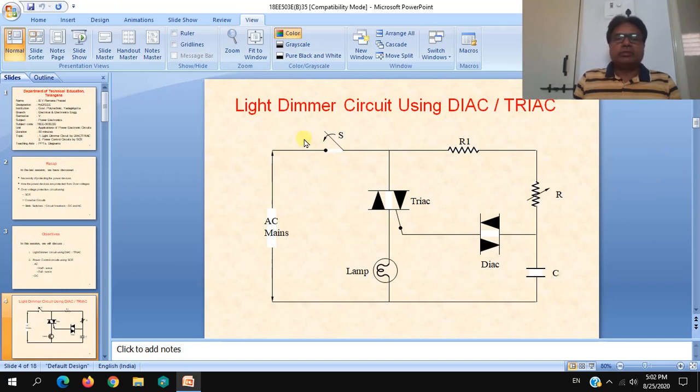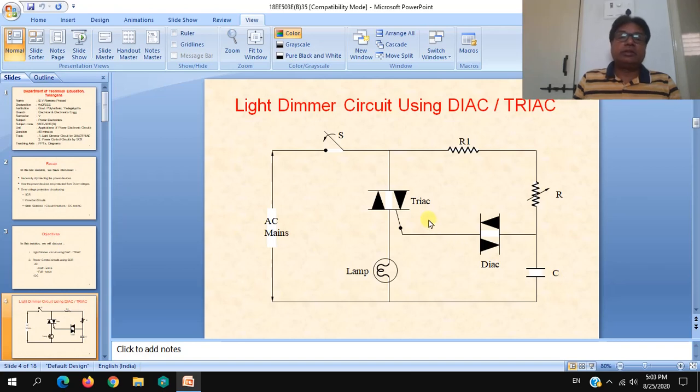That is, whatever circuit which we are going to use for dimming the given light, this is the section of that particular circuit which we are going to use.